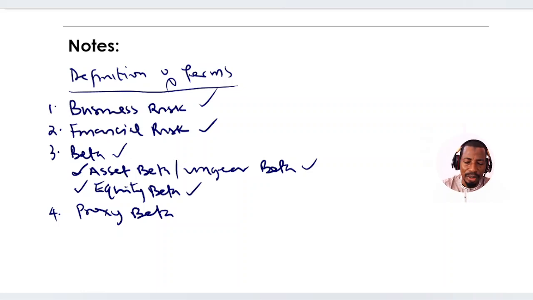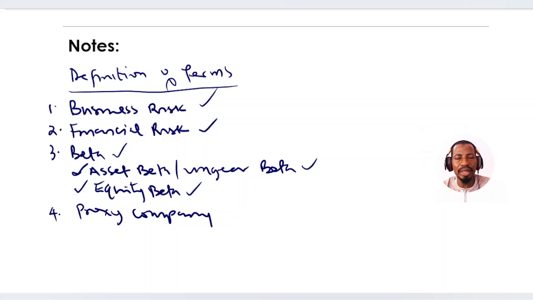Okay. However, where a company is only financed with equity, equity beta and asset beta will be the same thing. Okay. And the last one is proxy beta, or proxy, let's call it proxy company instead of proxy beta.